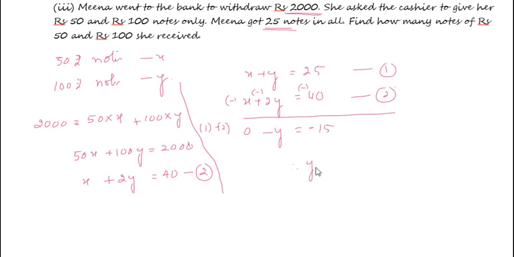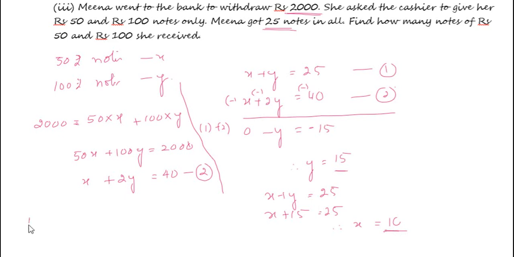Therefore y equal to 15. Now x plus y equal to 25. Substituting the value of y, x plus 15 equal to 25. Therefore x equal to 25 minus 15, that is 10.